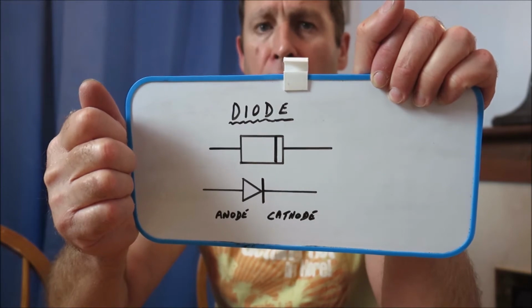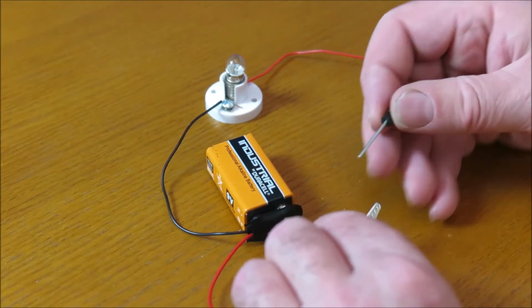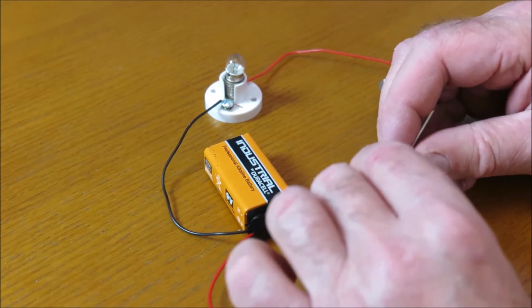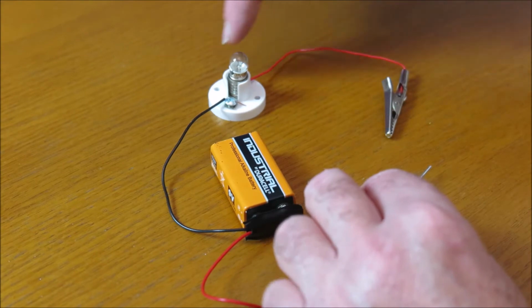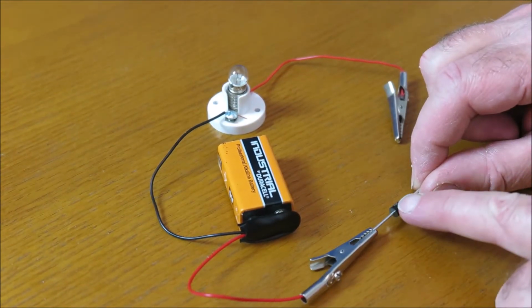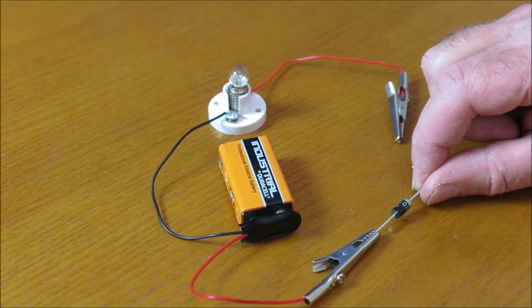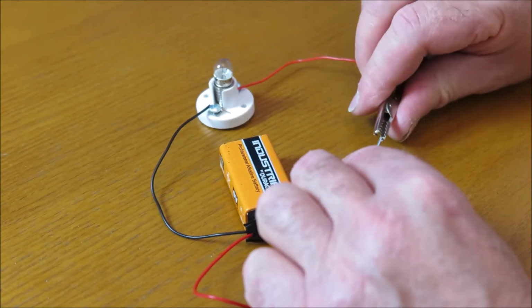So let's have a look what a diode does when you put it into a circuit. If we connect the diode into the circuit, the cathode we're going to connect in here, so it'll be to the negative side of the battery, and the anode is going to be to the positive side. What's going to happen?